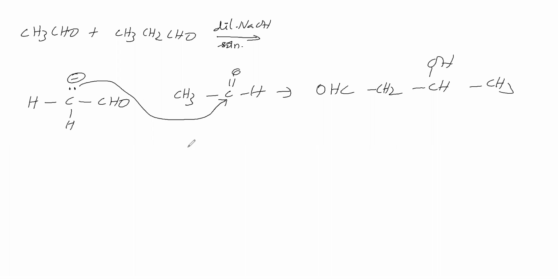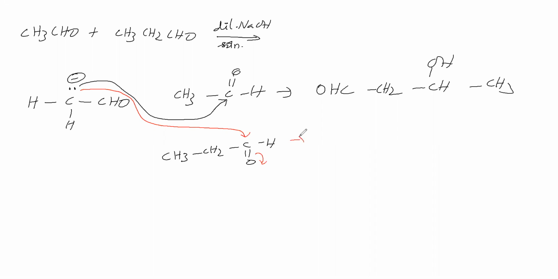Next, this carbanion can attack the propionaldehyde carbonyl carbon also, no? Therefore, we will take propionaldehyde. Now we will say this carbanion C minus is attacking the propionaldehyde carbonyl carbon.